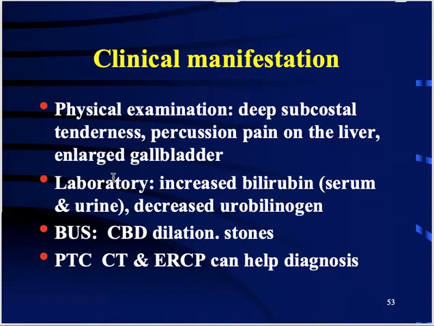For example, in this case, you are going to ask the patient to do a CBC. You will check their bilirubin levels, or their LFTs or liver function tests. You will check the bilirubin levels, the alkaline phosphatase, the ALT and AST or transaminases, and the gamma glutamyl transferase or GGT.